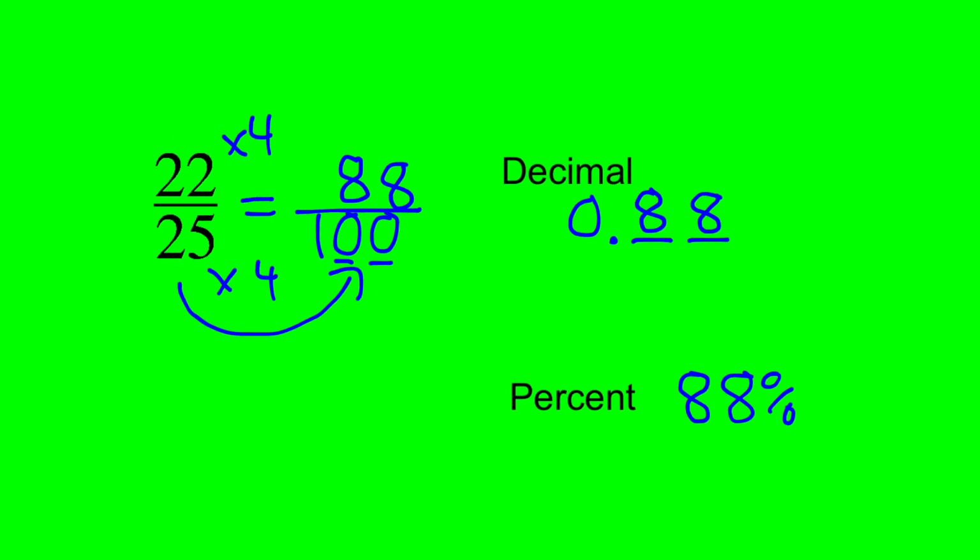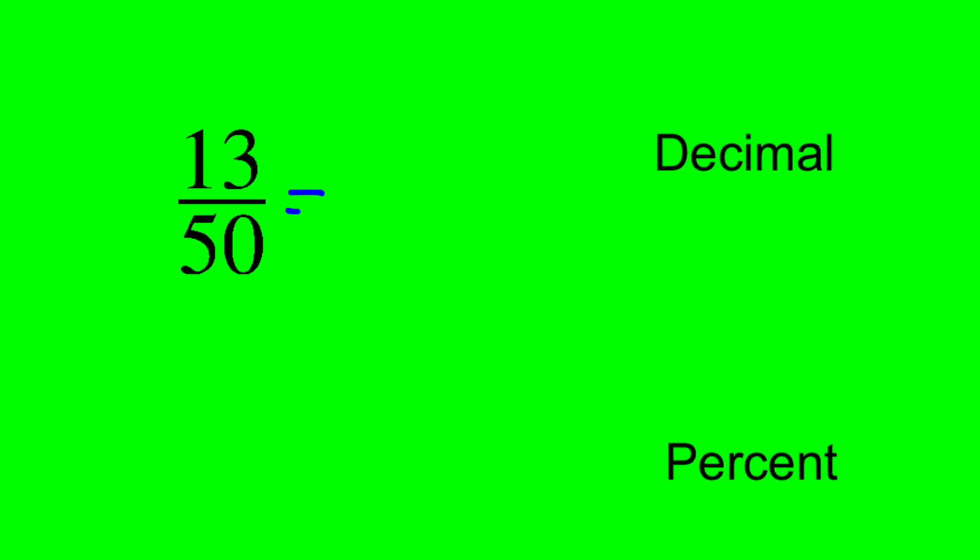Okay, so we did ones out of 25. And then we did fractions out of 50, and same idea. To make the decimal, you need to make a fraction out of 10, 100, or 1,000. Well, 50 can be made out of 100 by multiplying by 2.